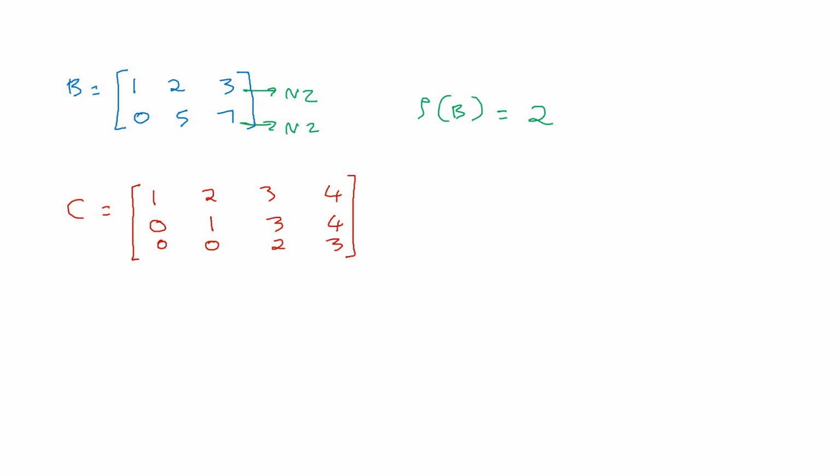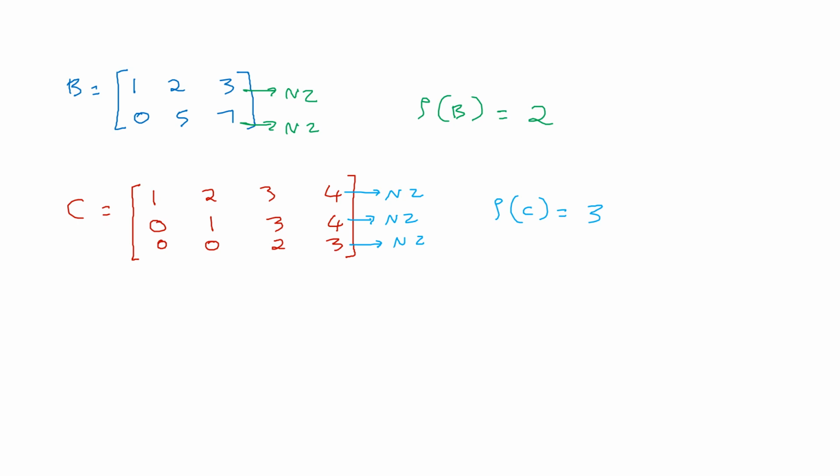How many non-zero rows are there? See, this is a non-zero row. This is another non-zero. This is another non-zero. This is echelon form only. So first you have to reduce it to the echelon form. Once it is reduced to the echelon form, then you count how many non-zero rows. So the rank of matrix C is equal to 3 because there are 3 non-zero rows.